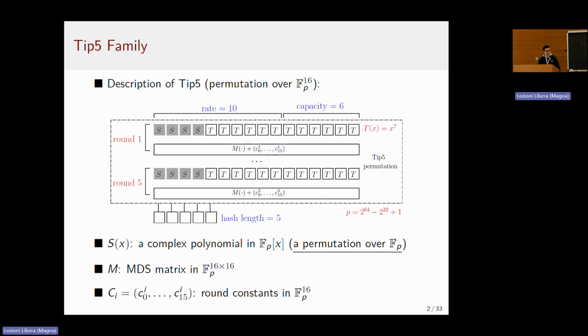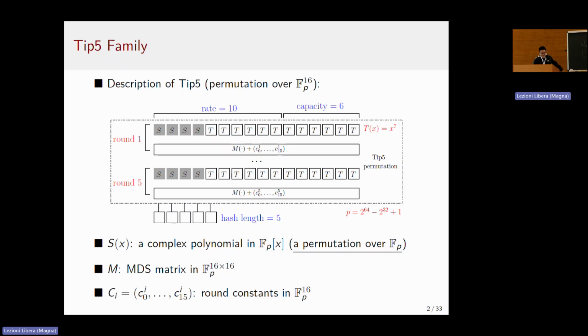So first, let me give a very brief description of the Tip5 family. The Tip5 permutation is defined over a prime field, and the prime is this value. It's a 64-bit prime number. As shown in this figure, the state is composed of 16 field elements.